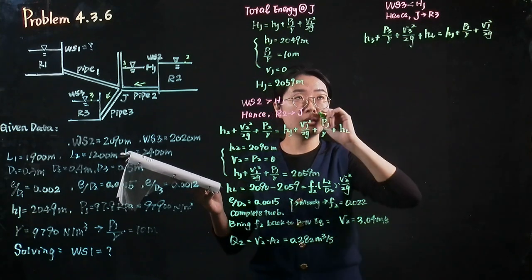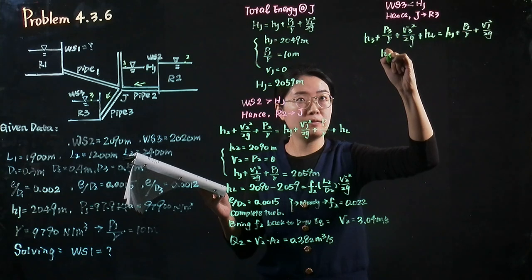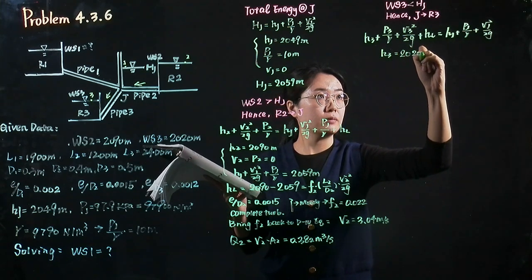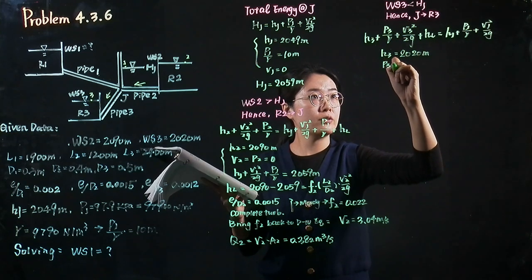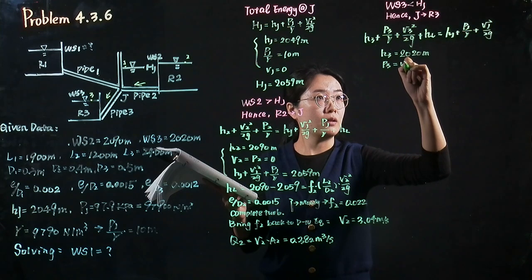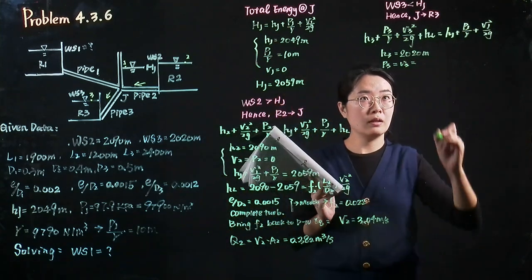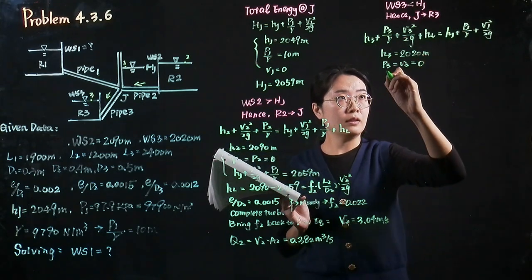the elevation at point 3, which is given. It equals 2020 meter. Because point 3 is at the water surface, the pressure and its velocity are all equal to 0.